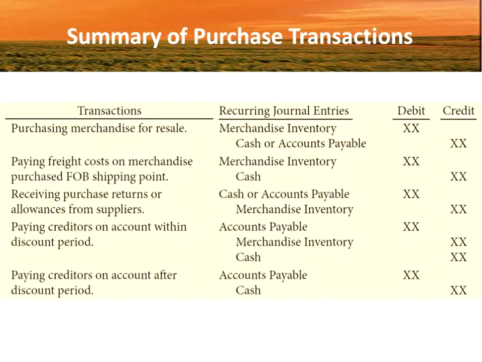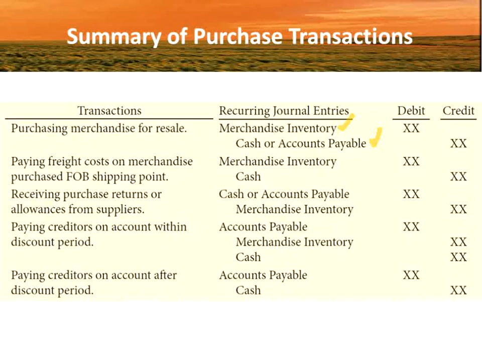Okay, so here's a summary of some of the transactions we look at in our purchases. When we purchase merchandise the first time, we're going to debit our asset, known as merchandise inventory, and credit either cash or accounts payable, depending on how we settled for the inventory.